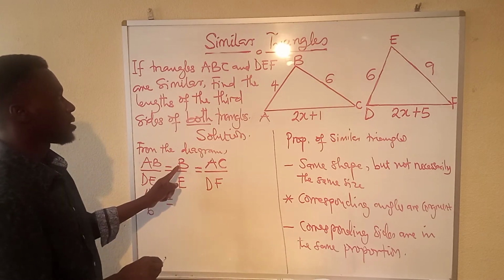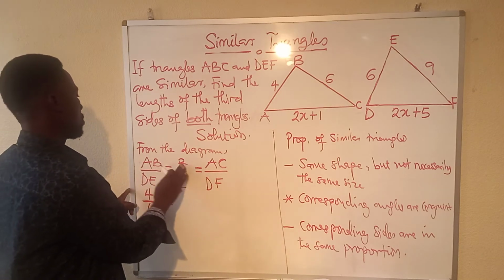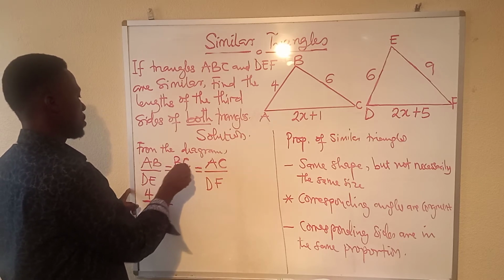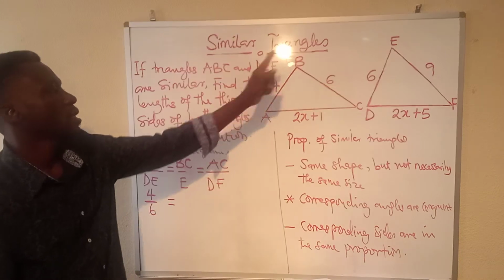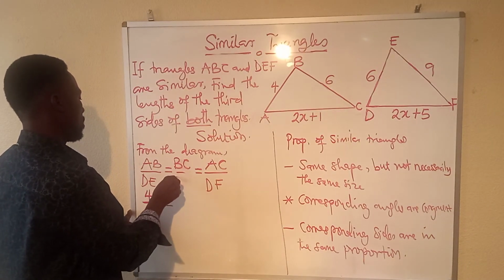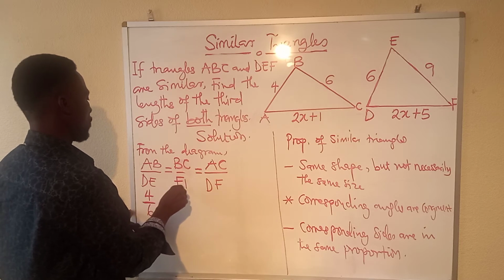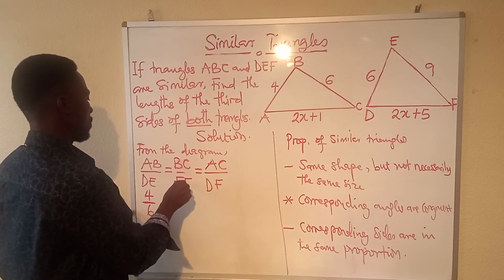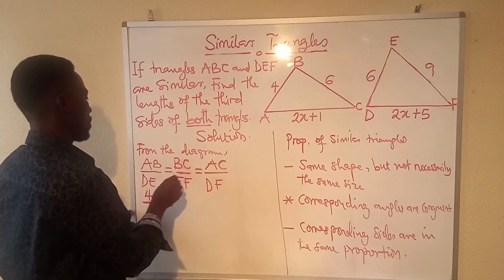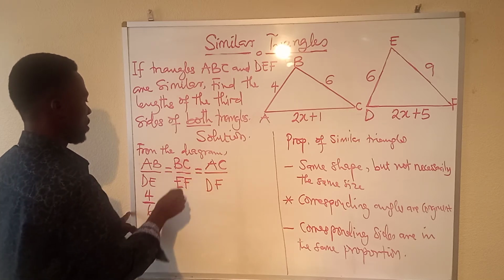Oh, I wrote BC, sorry. So this is BC, and then that is EF. Sorry, so EF. It's proportional to EF.